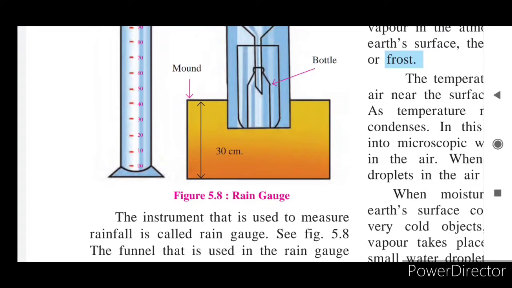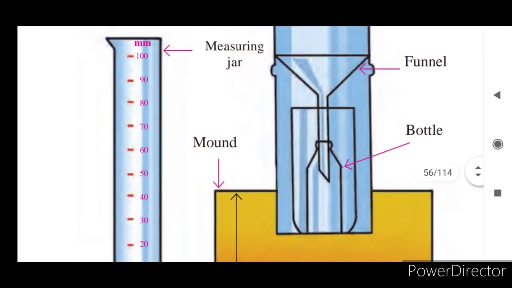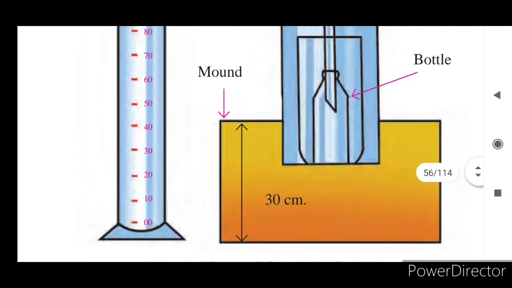Before the water overflows, they have to take out the bottle from inside the jar, and then they keep the water in this millimeter measuring jar. Afterwards, the average is worked out, and then they inform that in a particular region, so many millimeters of rainfall took place.